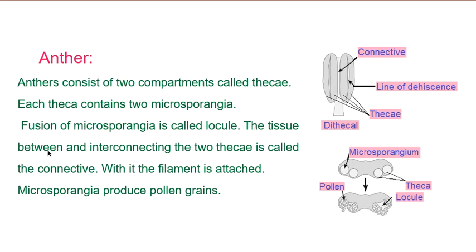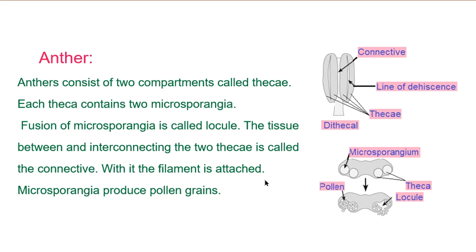The tissue interconnecting the two thecae is called connective. This is the first lobe, this is the second, and the portion in between which is joining both of them is called connective tissue.